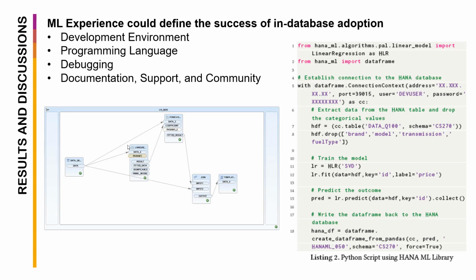And lastly, documentation support and community. In this case, since we used SAP HANA and it's still a proprietary technology, the community is mostly around the SAP community. Whereas when we look at the Python community or R community, they have more support and more open source scripts that can be leveraged by basically anybody.